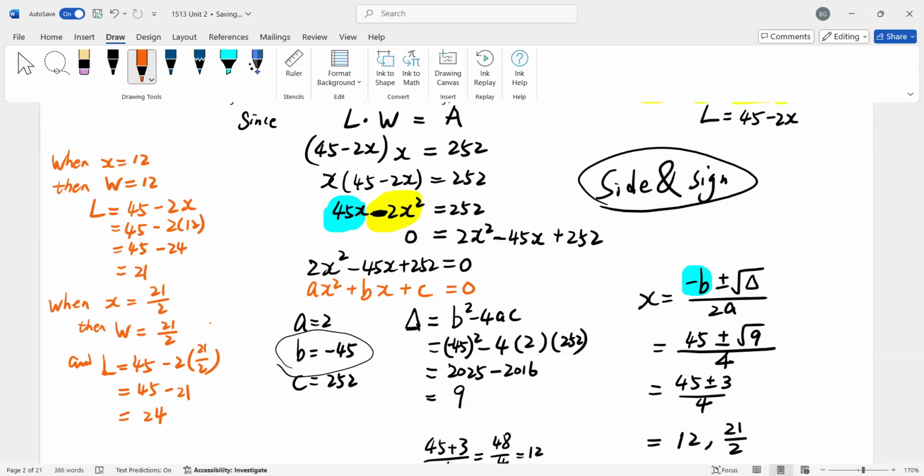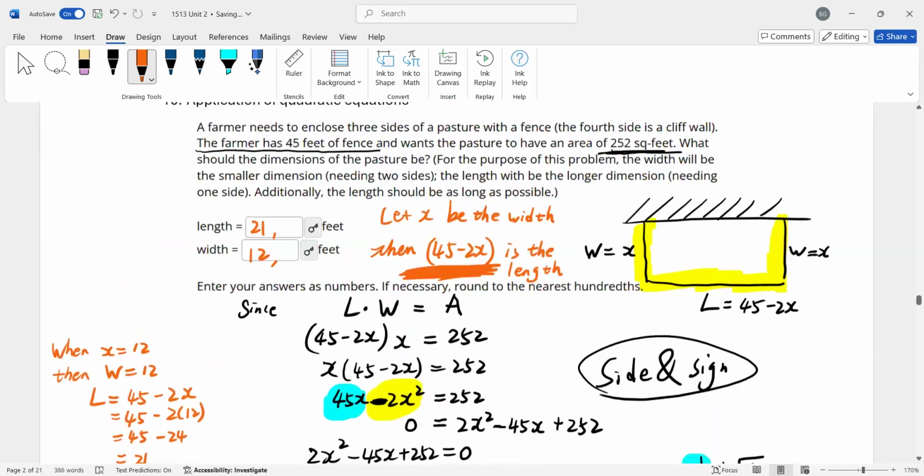So in this case, the length is 24. The width, rewritten as a decimal, is 10.5.